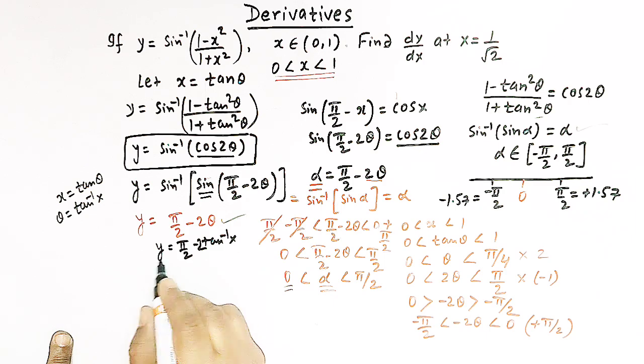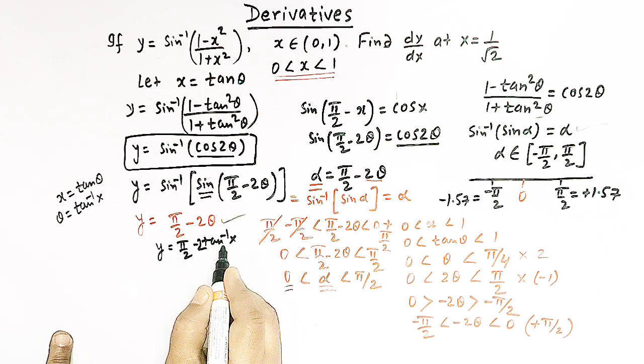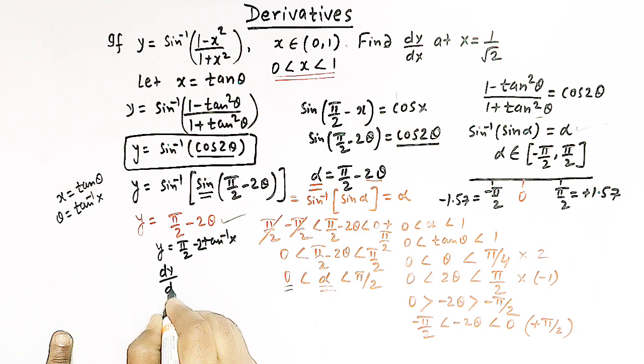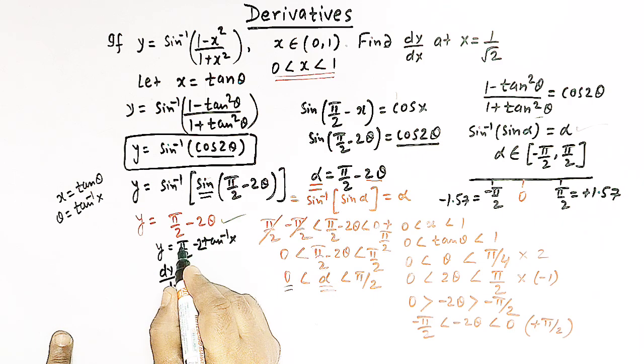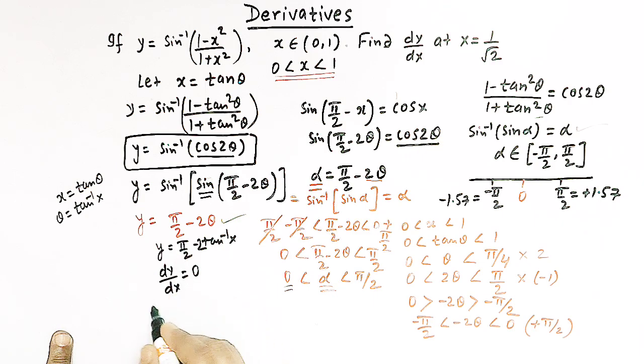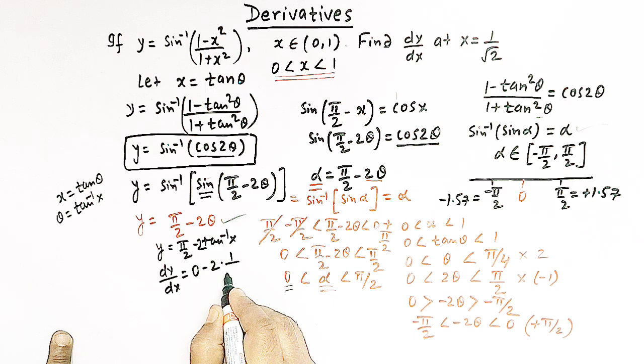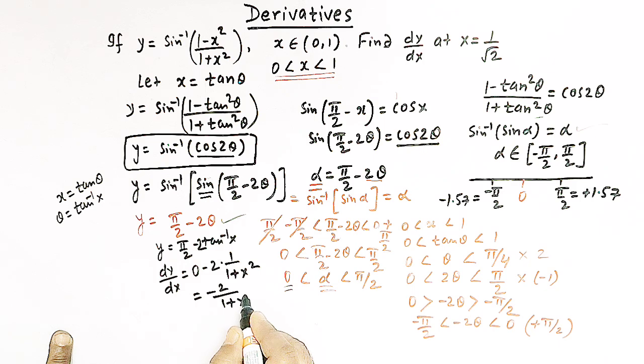So now we can differentiate both sides with respect to x. So dy over dx is equal to the derivative of pi by 2 is 0, being a constant, and here the derivative of tan inverse x is 1 over 1 plus x square. So this is minus 2 over 1 plus x square.